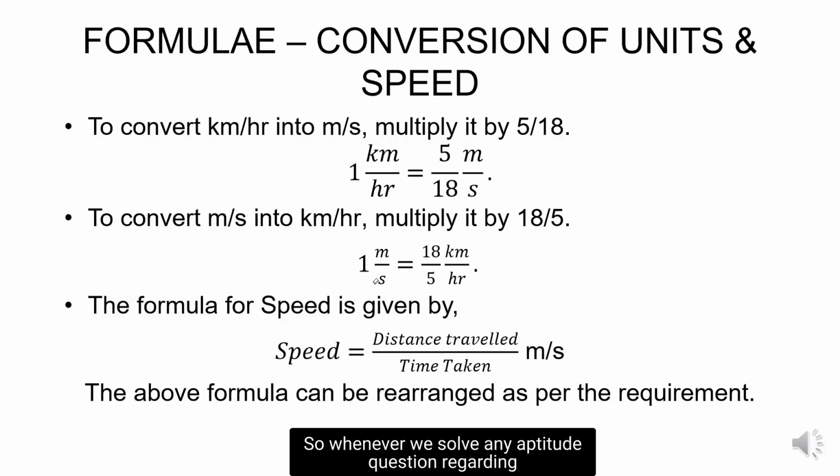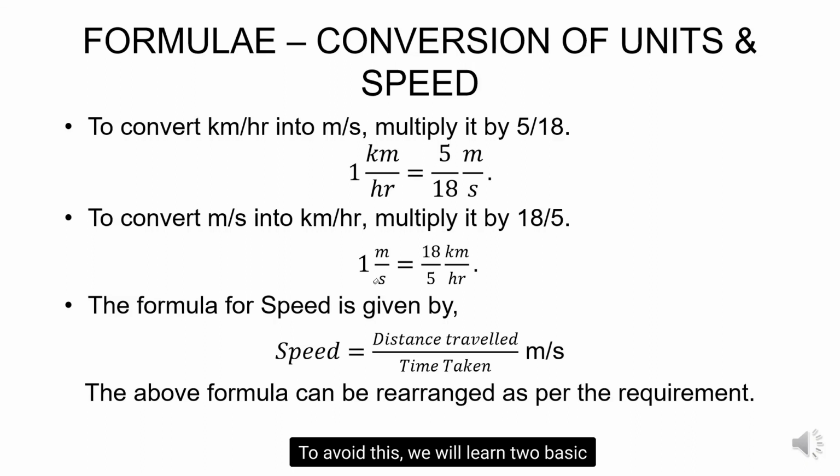So, whenever we solve any aptitude question regarding speed, we emphasize the answer in terms of kilometer per hour or meter per second. Sometimes in options, we may not find kilometer per hour and they would have given its equivalent meter per second. At that time, we would be confused how to convert kilometer per hour into meter per second.